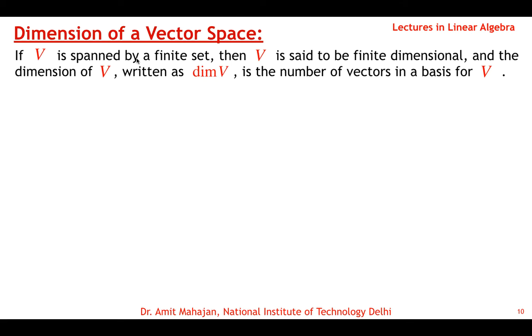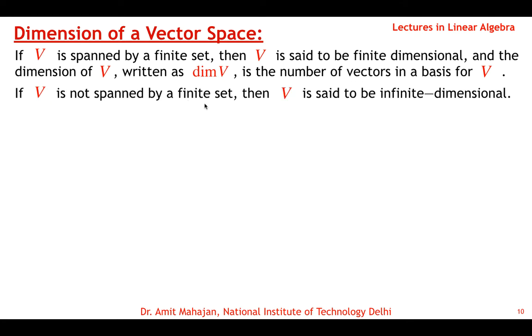So if V is spanned by a finite set, then V is said to be finite dimensional, and the dimension of V, written as dim V, is the number of vectors in a basis for V. If the number of vectors in the basis is finite, then we call it finite dimensional. If V is not spanned by a finite set, then V is said to be infinite dimensional.